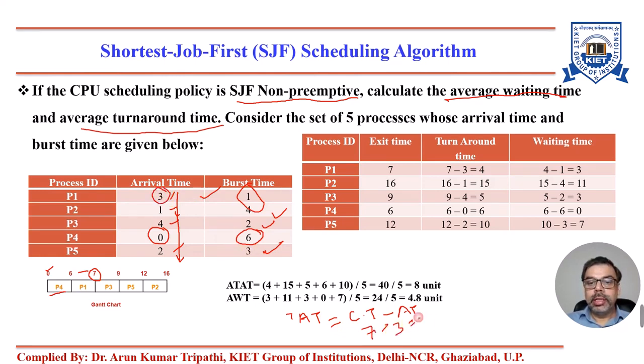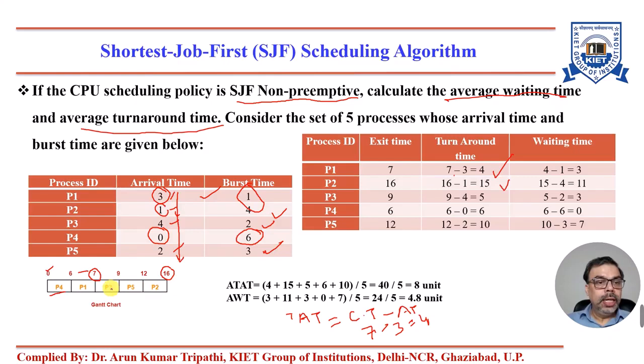So this will be equal to 4. It is depicted here. Similarly, for process P2, its completion time is 16 and its arrival time is 1. So 16 minus 1 is equal to 15.